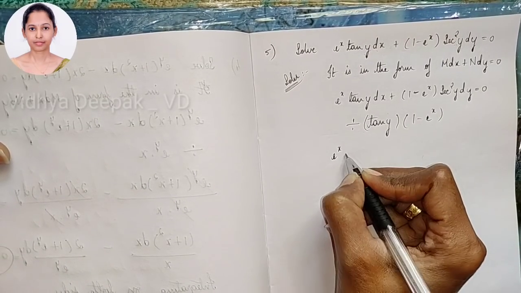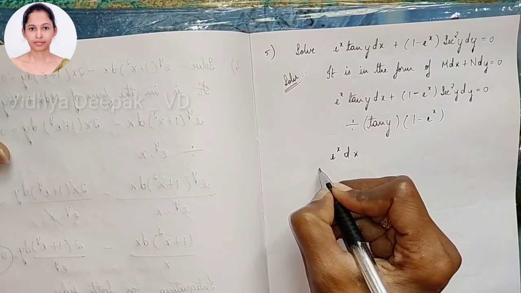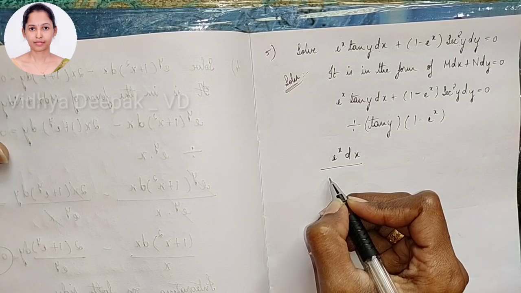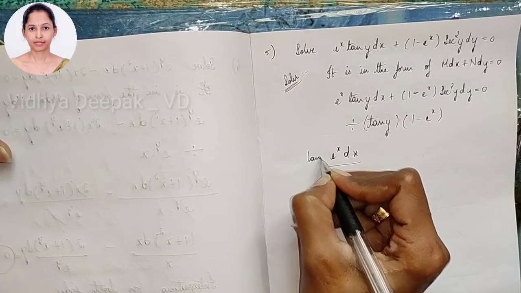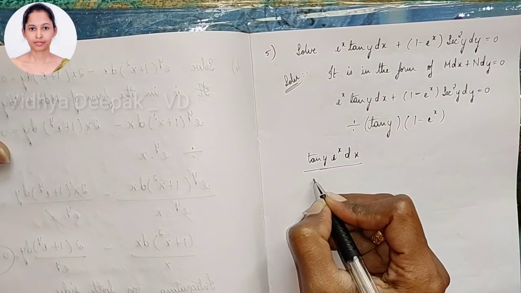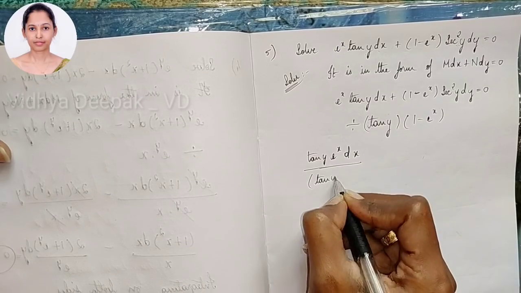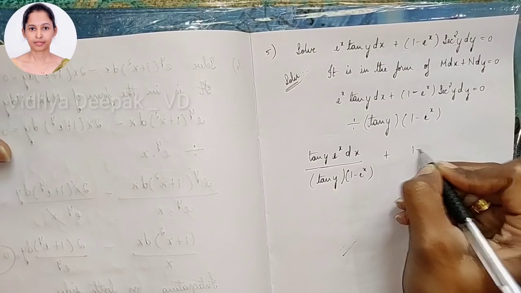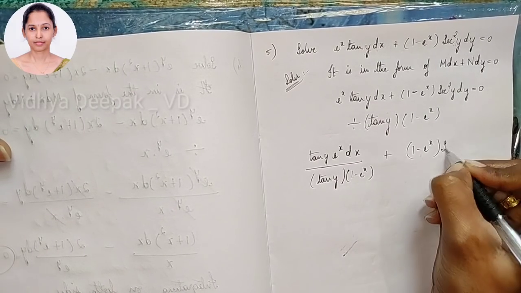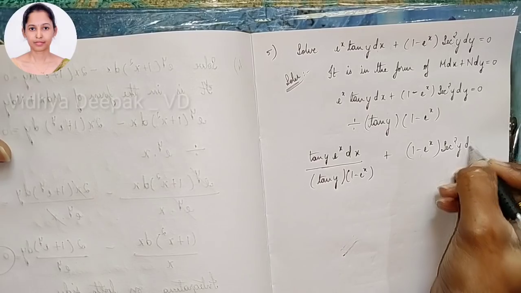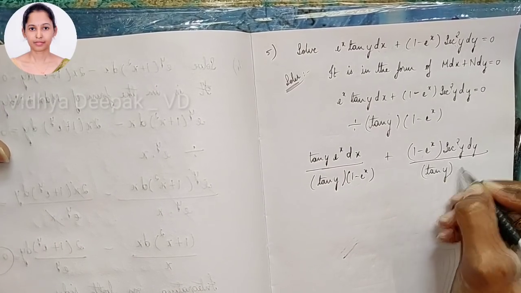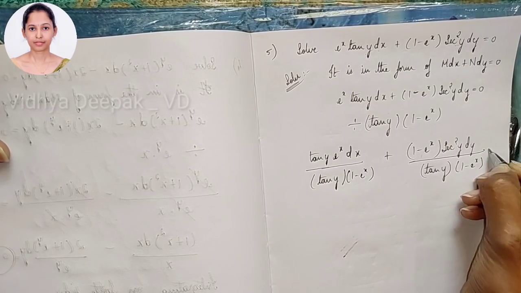e power x dx divided by, okay, I'll write the cancellation too, tan y into 1 minus e power x plus 1 minus e power x into secant square y dy divided by tan y into 1 minus e power x.